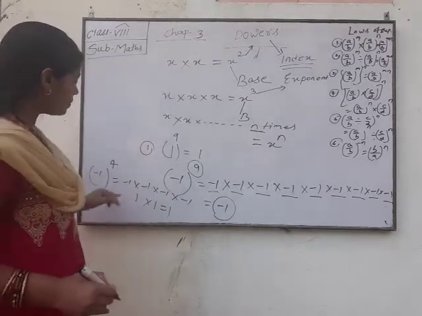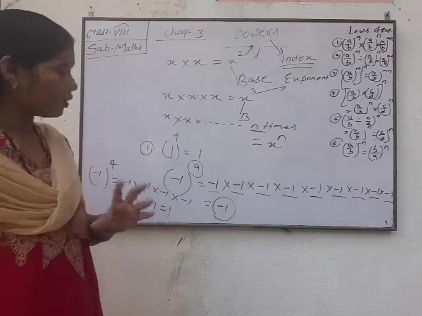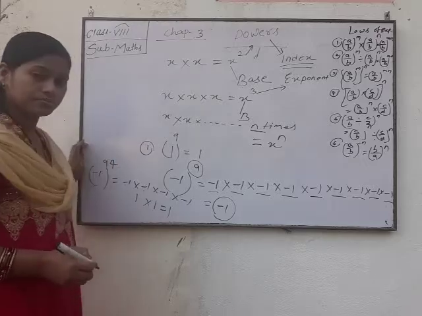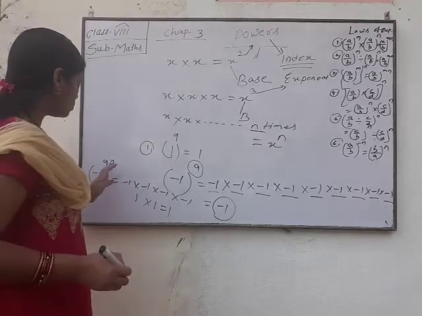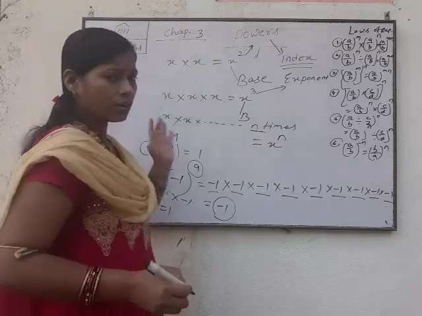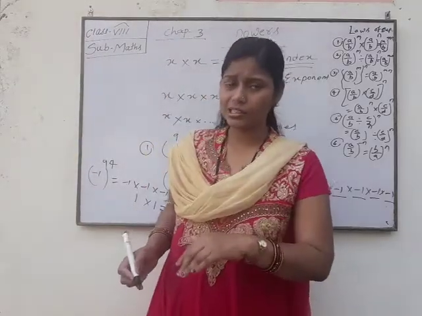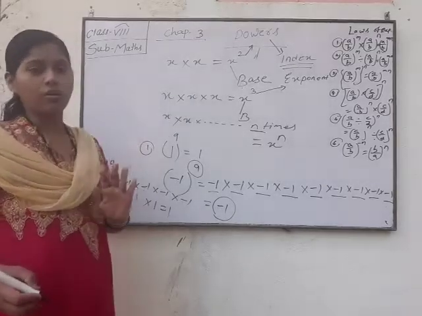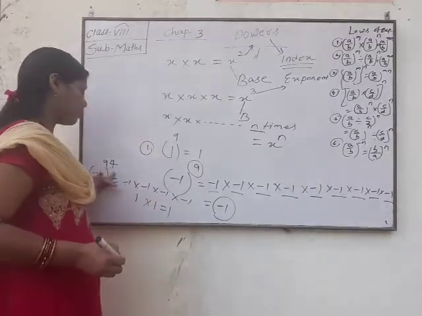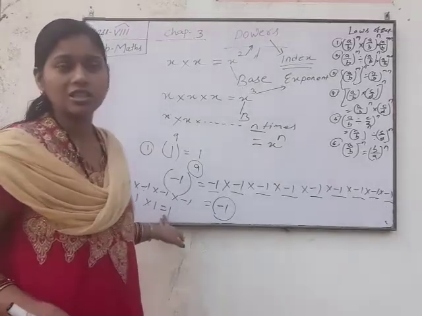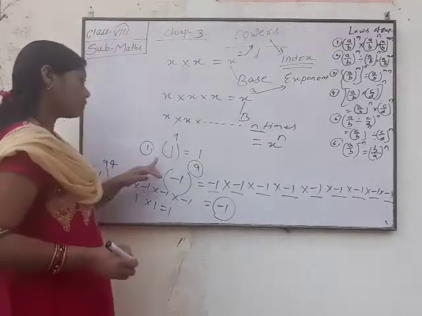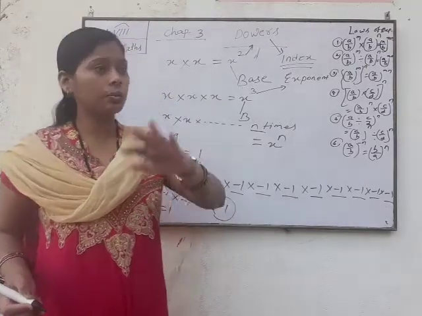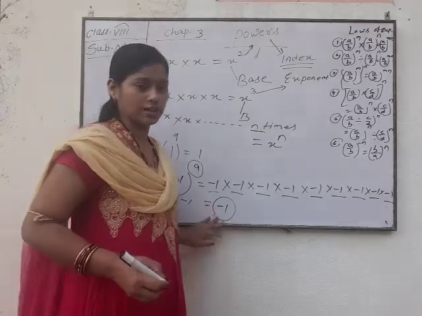This is possible only for very small numbers. If the power is, say, 94, it is not possible to multiply 94 times. So your trick is: if your exponent, meaning your power, is an even number, then your result is positive. If your power is an odd number, then your product is negative.